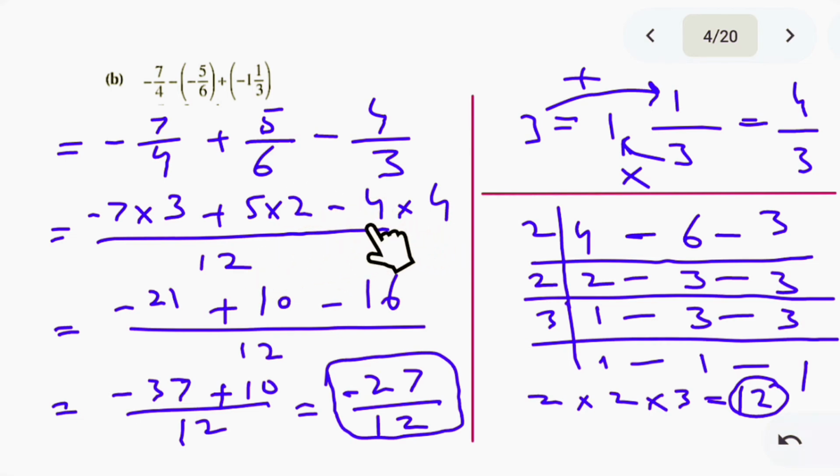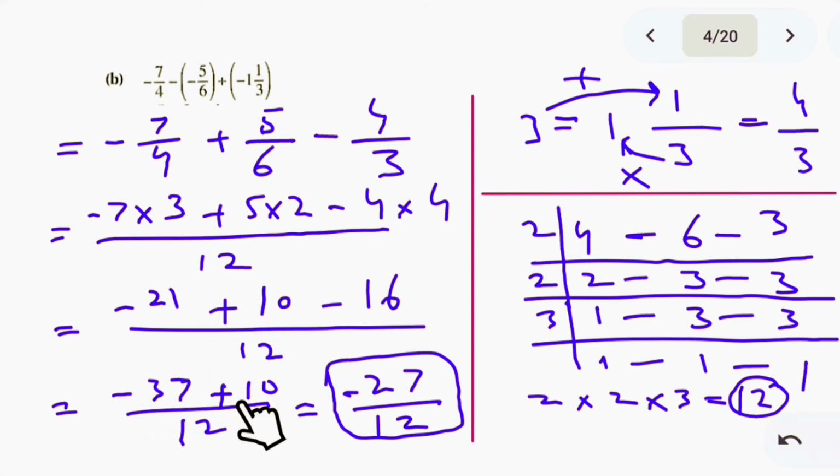We write it over here, then we multiply, and after multiplication we add minus 16 and minus 21, because minus minus are plus, so we have to add 16 and 21 and we get the answer 37. And the sign with 37 is negative, because the bigger number among 21 and 16 is minus 21, therefore the answer will also carry a negative sign.